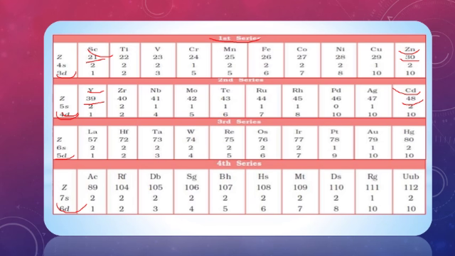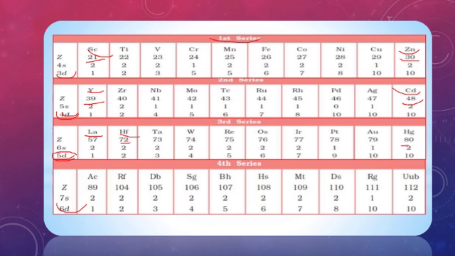And in the 5d series, the last electron enters into the 5d orbitals and it is the third transition series, which consists of lanthanum and the elements from hafnium to mercury, from atomic number 72 to 80.